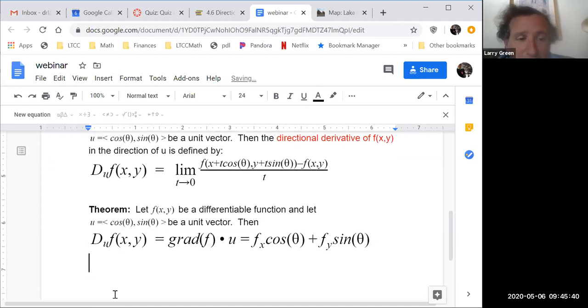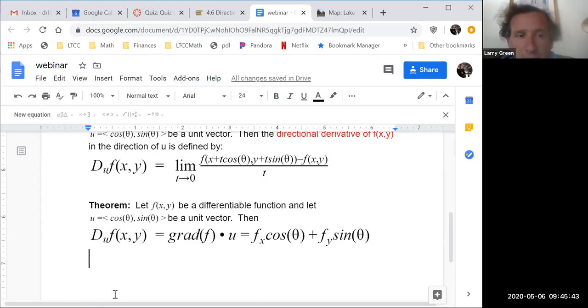That's just the definition of dot product. Do y'all agree? Remember, u is cosine theta, sine theta. So I just took the dot product, and grad f is f_x, f_y.